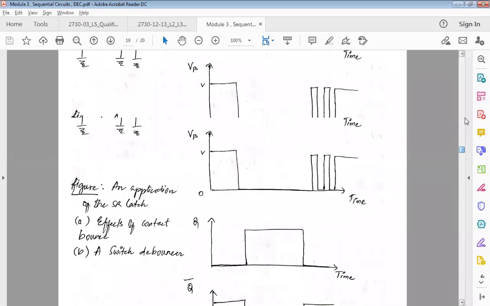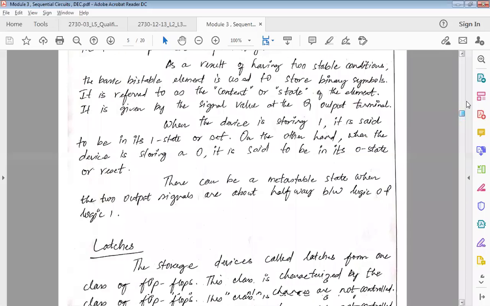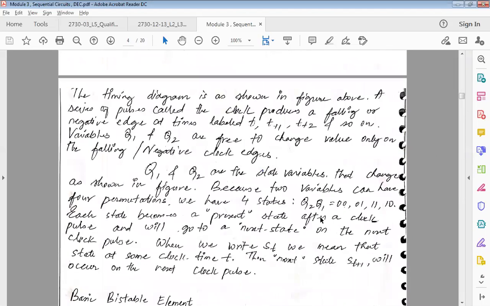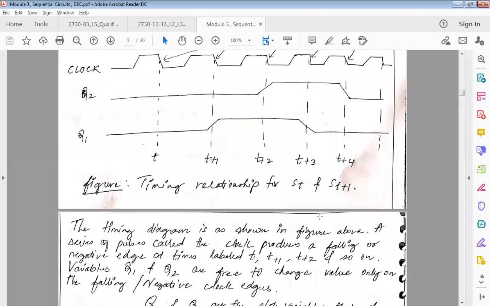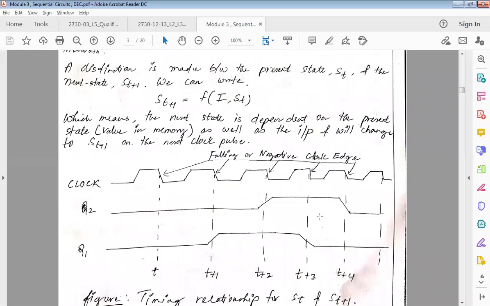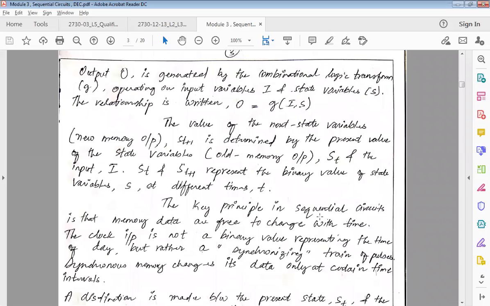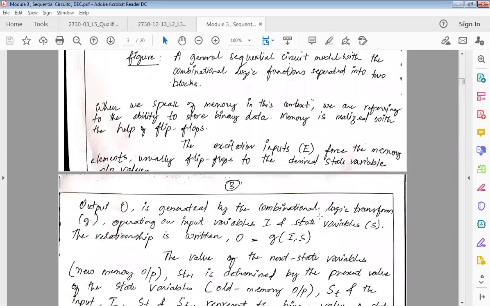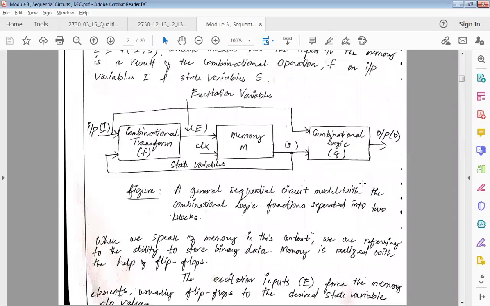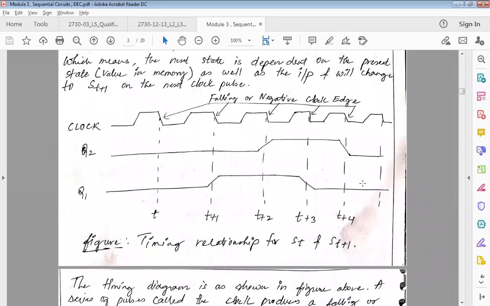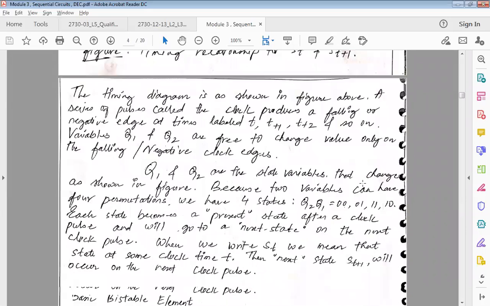As of now, remember your excitation is going to be the output from your combinational logic, and your state table is going to be given as input to your combinational logic, whose source is the output of the memory element. Fine, Sayan, can I continue? Yes, sir.